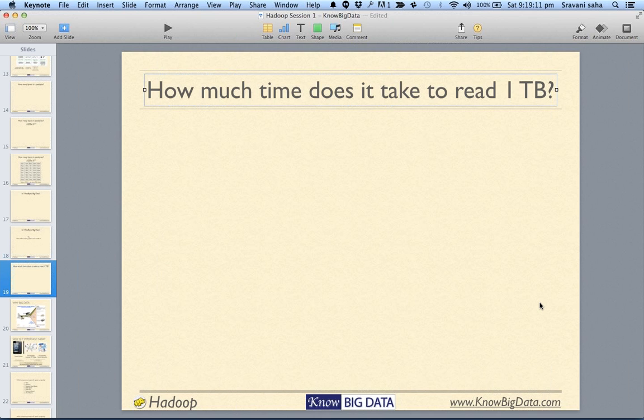What it depends upon is how fast is your disk and how big is your data bus. Yes, that's correct, Huda. It depends upon the hardware, how good is your disk, because when you are reading the data from a disk, the CPU is hardly utilized. The CPU is free.